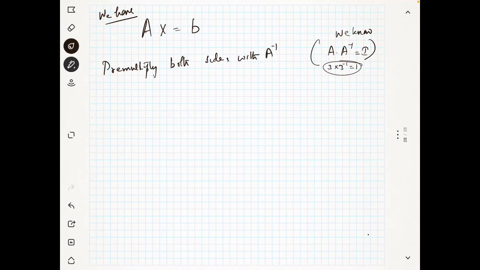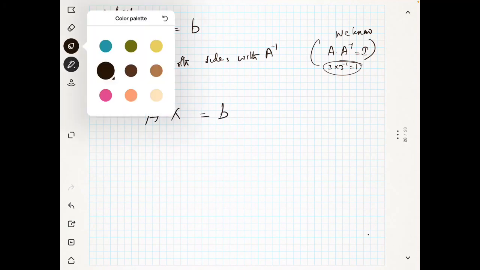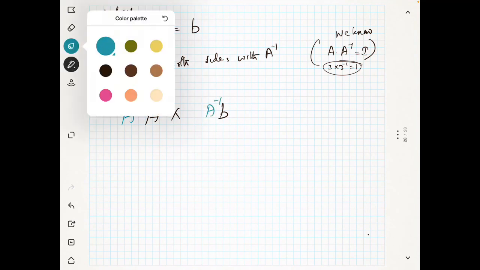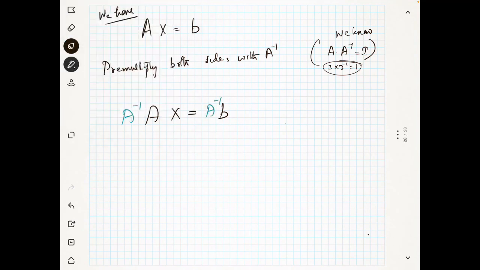So first of all, I will write the equation. You have AX is equal to B. Now you will multiply here with A inverse. A into A inverse is I, and this gives I into X is equal to A inverse into B. If you are multiplying any matrix with the identity matrix, you will get the same thing.